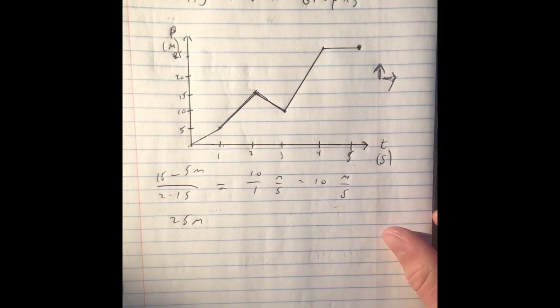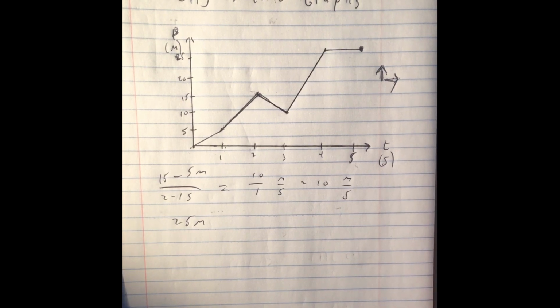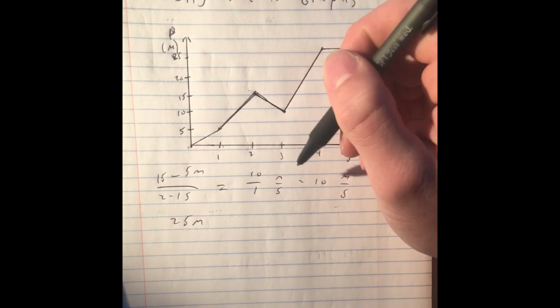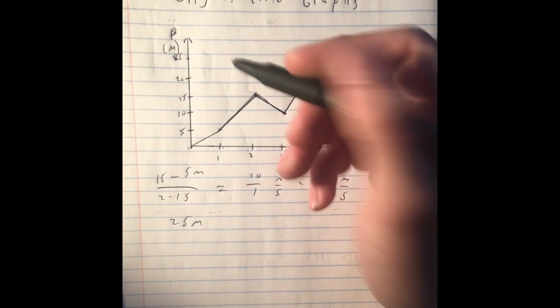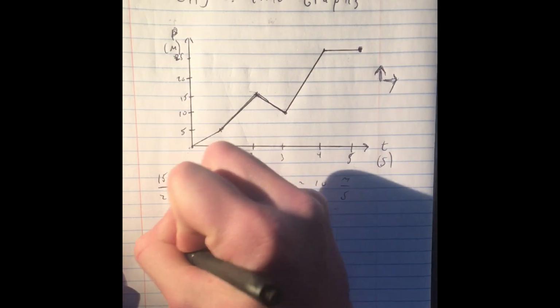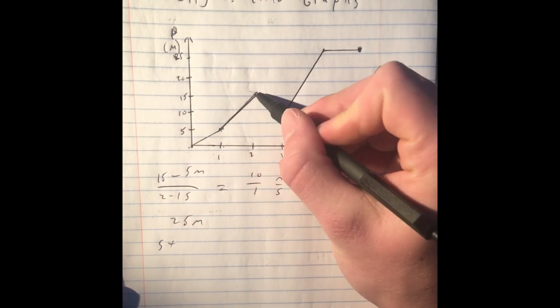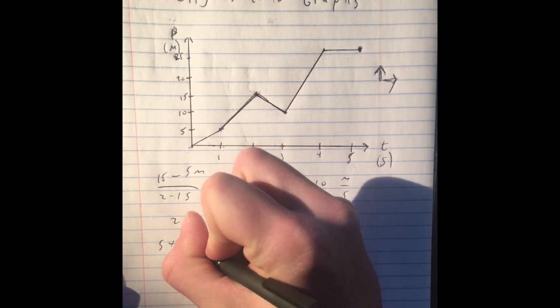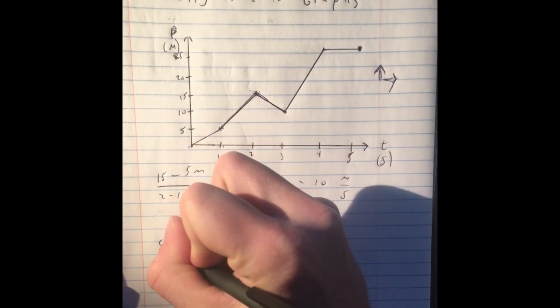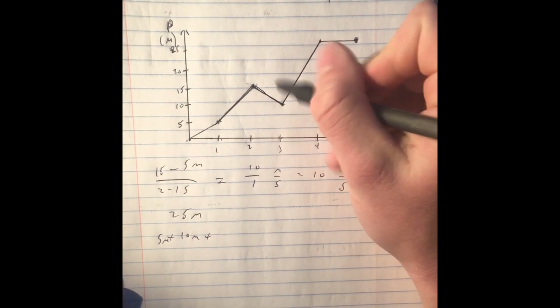His distance traveled, however, is just going to be the sum of all the amounts that he's moved. So he's moved 5 meters in this first second, and then he moves 10 meters to 15 meters in this second, and then he's going to move 5 meters backwards here.